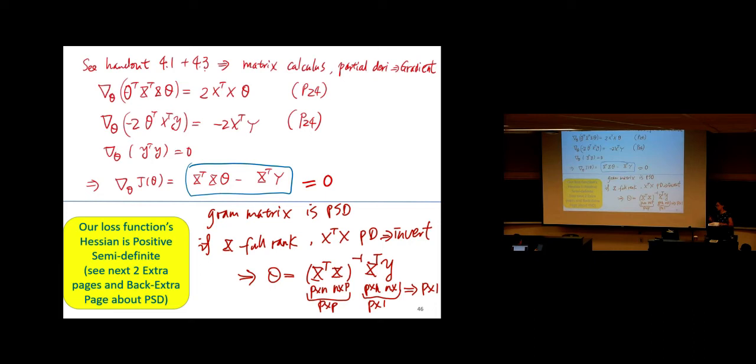The assumption is that X transpose X can be inverted. Hopefully you still remember, not all matrices can be inverted, and there are certain properties the matrix needs to satisfy to be invertible.